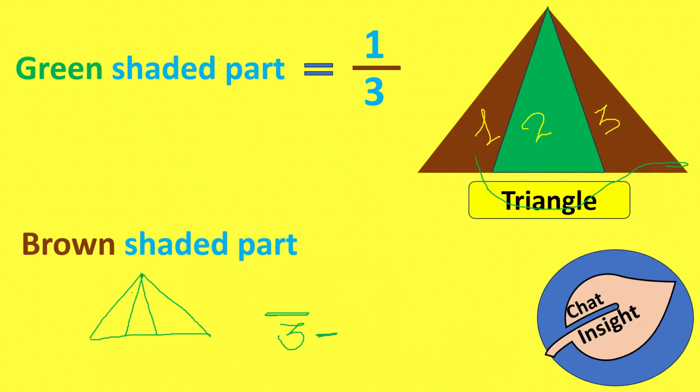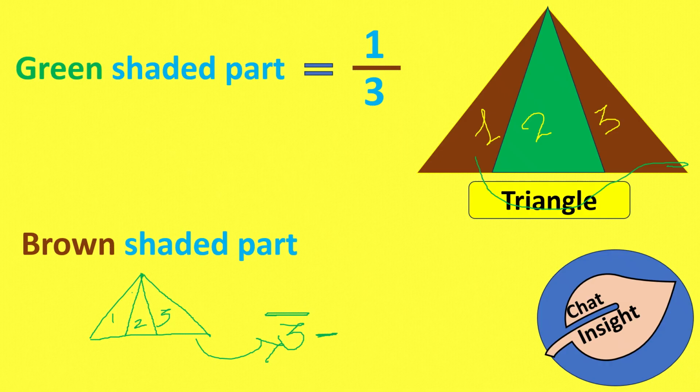Okay, and we got the first part, second part, and a third part. Okay, so the third part is right here on the downside, or the lower side. That's the third, and now we are talking about the colored part.